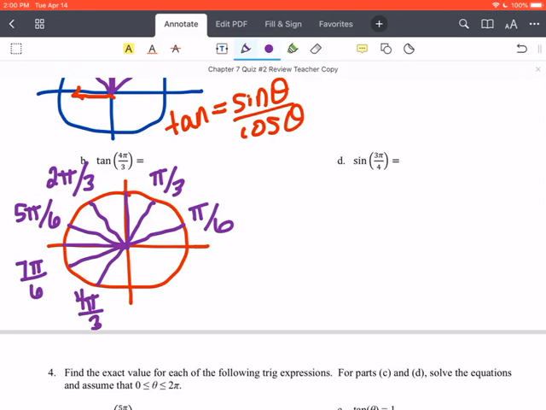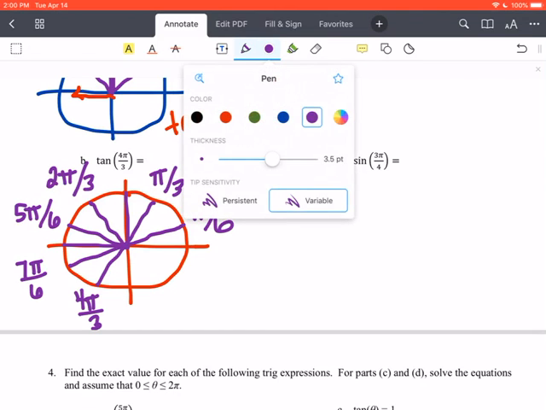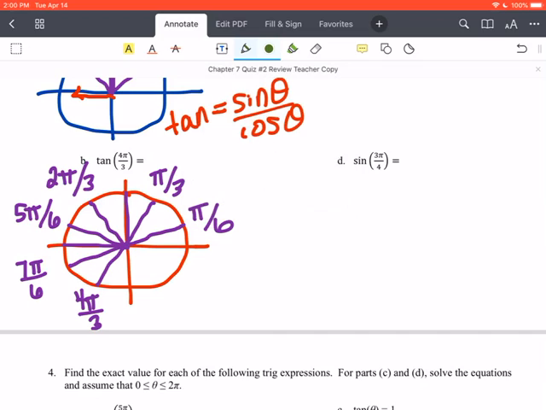Okay, so now I'm thinking of the long and the short, because we're using 30, 60, 90 special triangles. So to get to 4 pi over 3, I'm going short, then long. When I look at the x value, that relates to cosine. The smaller of the two numbers is 1/2, but because I'm in the third quadrant, both the cosine and sine will be negative.